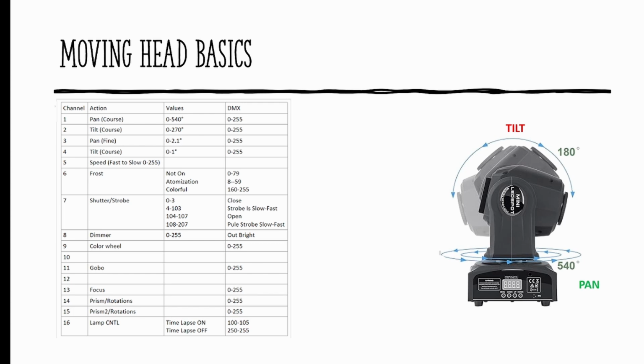So we won't be digging too deep into those. And then finally, the other bit that will be important on this particular moving head is channel 16, and that's the lamp control and how we turn the lamp on and off. And again, we will discuss that later when we talk about sequencing, and then how we turn a lamp on and having an on sequence and an off sequence.